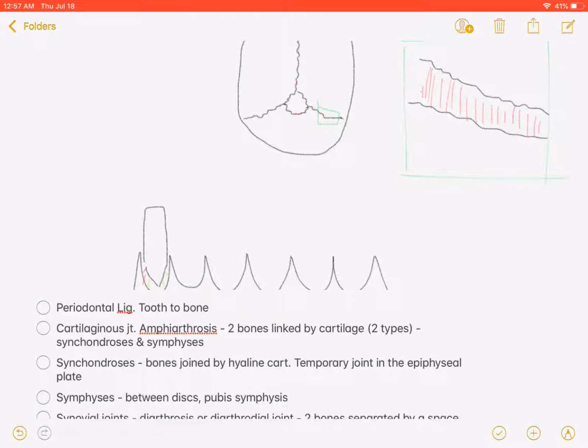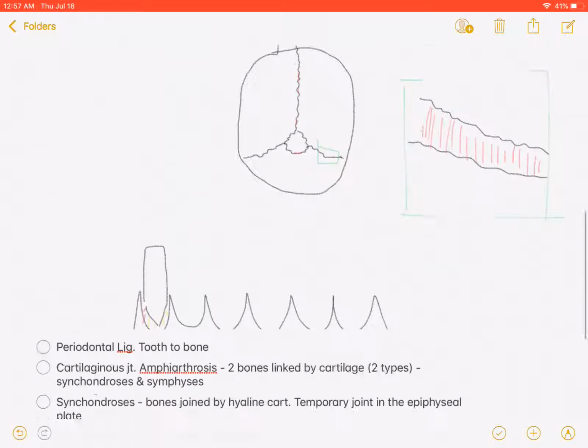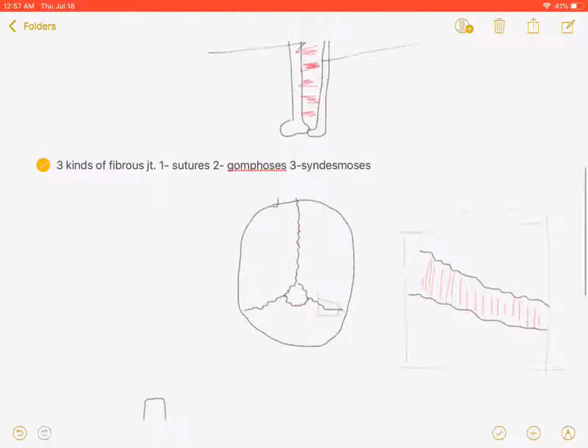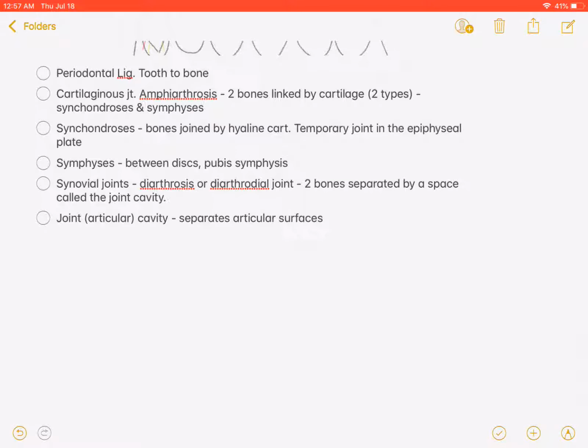Gums, gomphoses, periodontal ligament that attaches tooth to bone. Your teeth are not bone, by the way. Syndesmoses, we talked about that, sorry. That's between the radius and ulna, between the tibia and the fibula. So check.